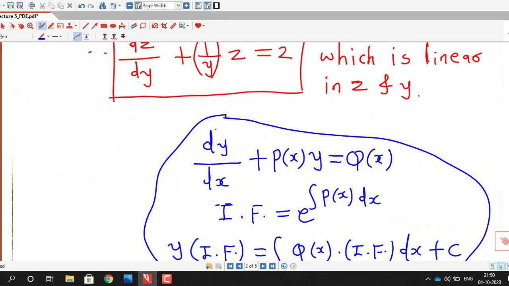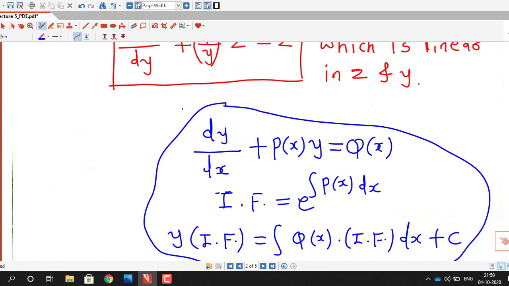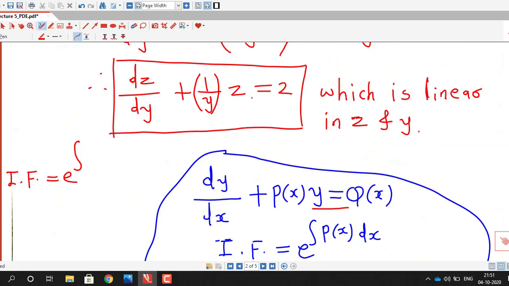If we compare this with the standard form, the integrating factor is e to the power integral of the coefficient of the dependent variable, which is z, and the coefficient of z is 1 upon y, so we consider integral of 1 upon y dy, and the integral of 1 by y is log y, so it is e raised to log y.